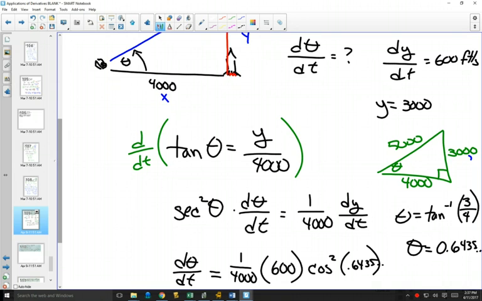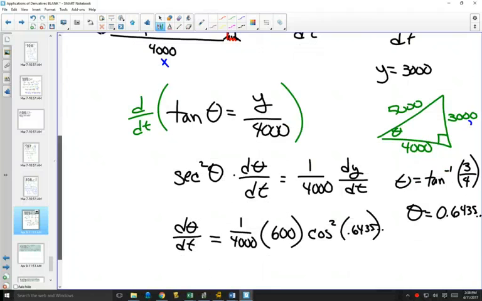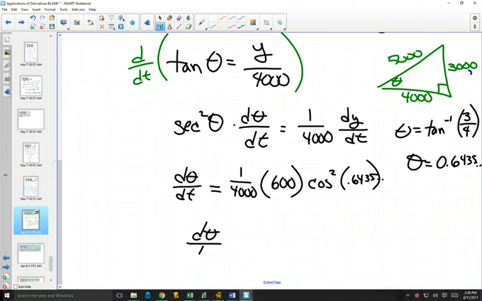And I could type that into my calculator. 1 divided by 4,000 times 600 times cos of that answer from before, squared, and I get 0.96 radians per second.